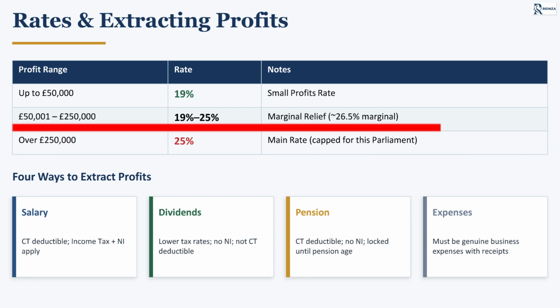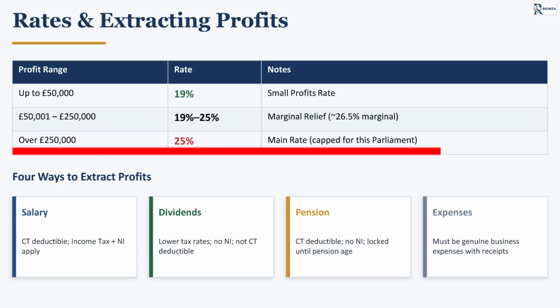The effective rate gradually increases from 19% towards 25%. In practice, each additional pound of profit in this band is taxed at approximately 26.5%. For profits above £250,000, the main rate of 25% applies.